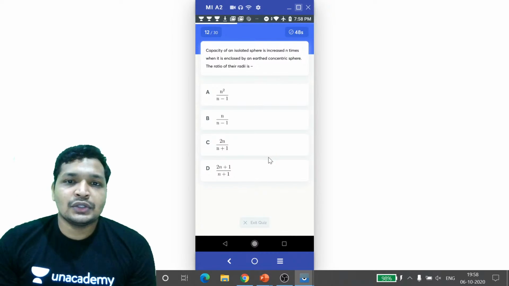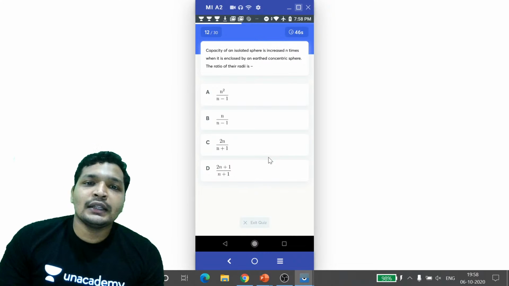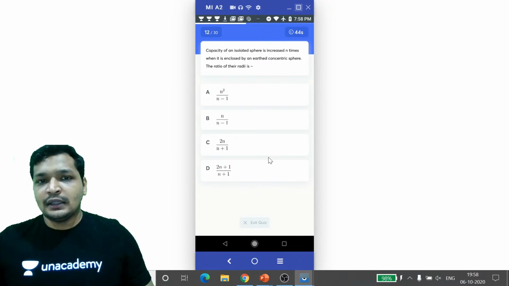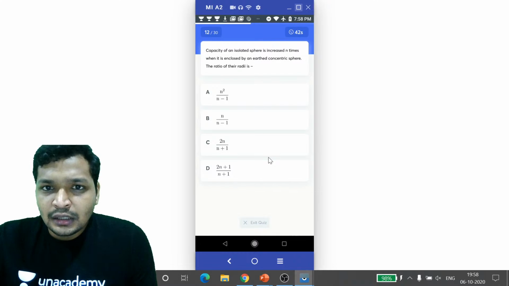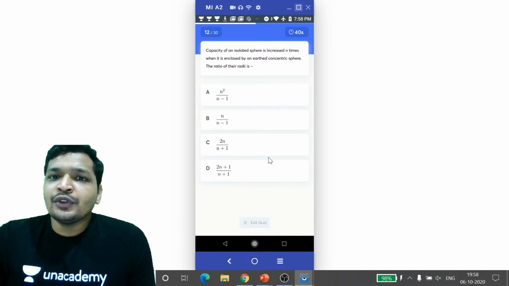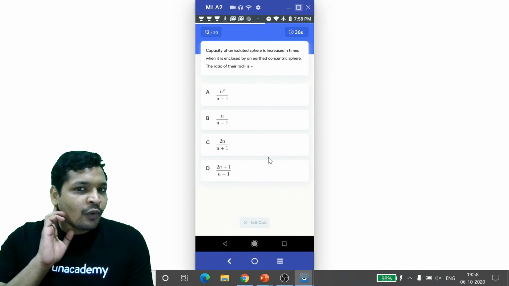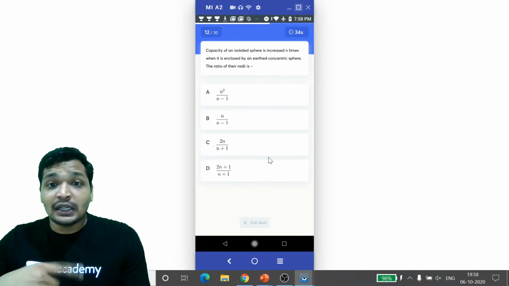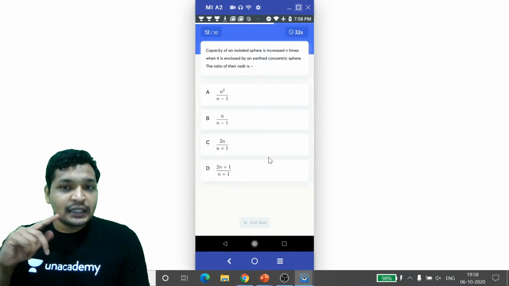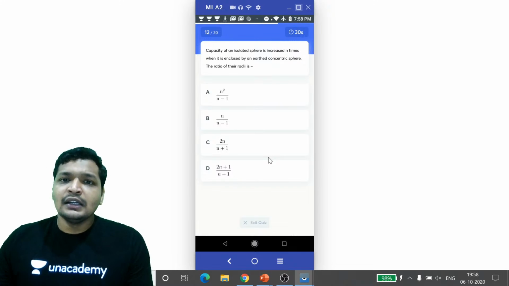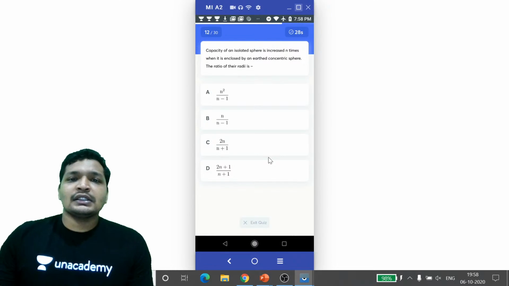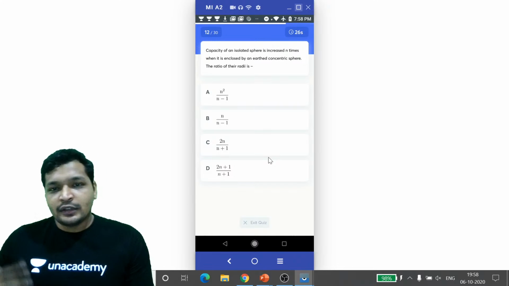Okay, so the thing is, there is a spherical capacitor. Initially you have an isolated capacitor. Then what you're doing is, I think you remember what to do. I think the Earth is probably inside. You can just take it as inside and then do it. If not, it would be outside.